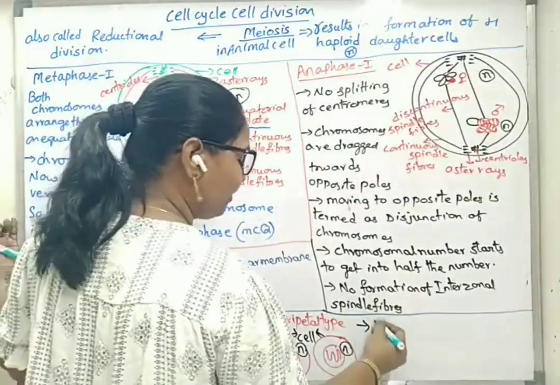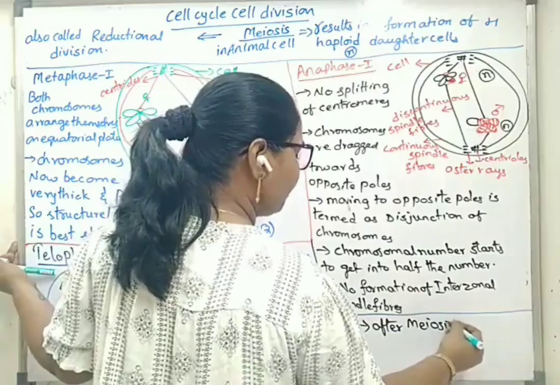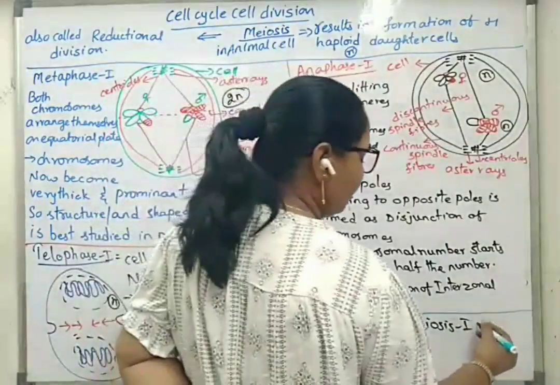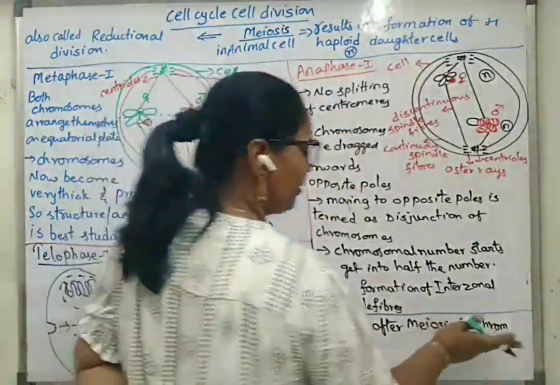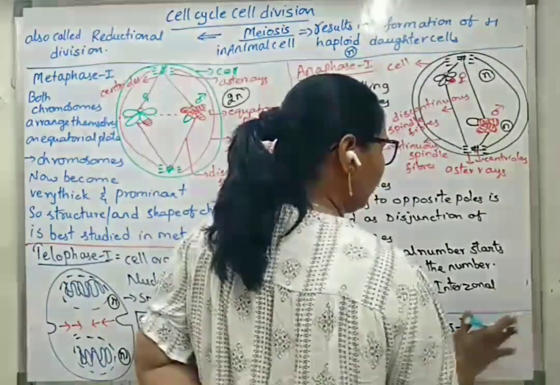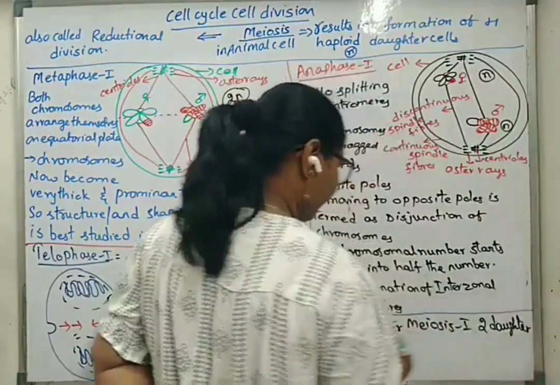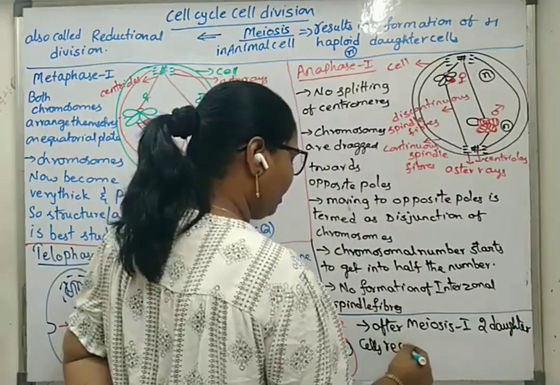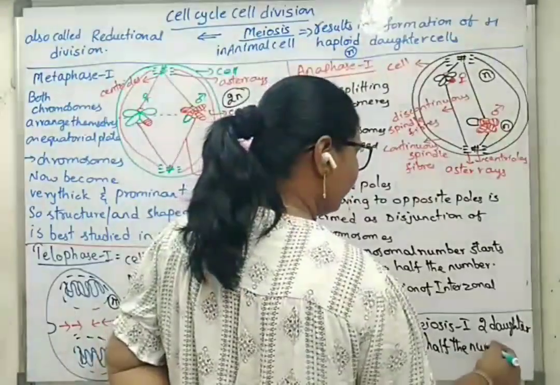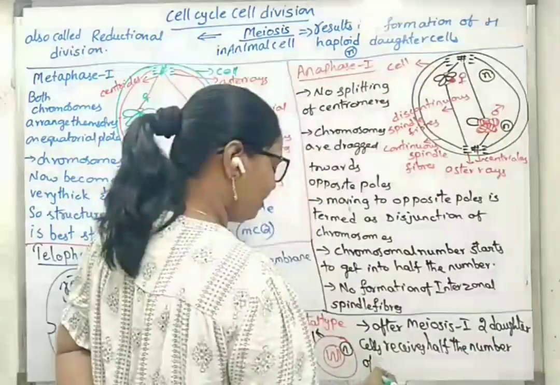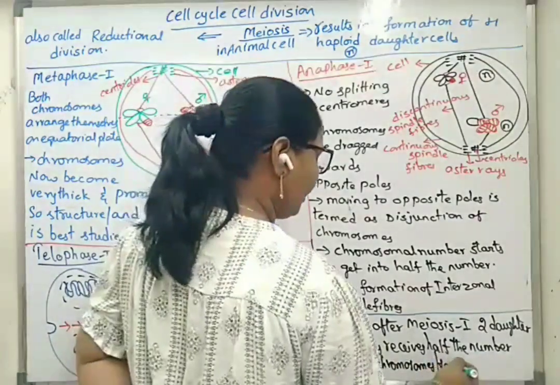We'll write one point. So after meiosis 1, the two daughter cells receive half the number of chromosomes from the parent cell.